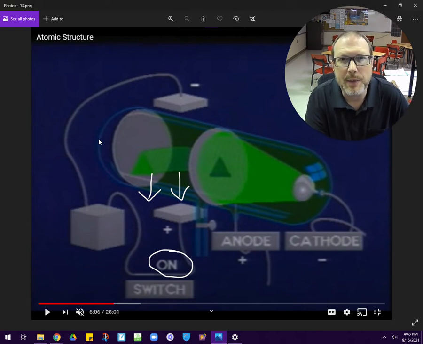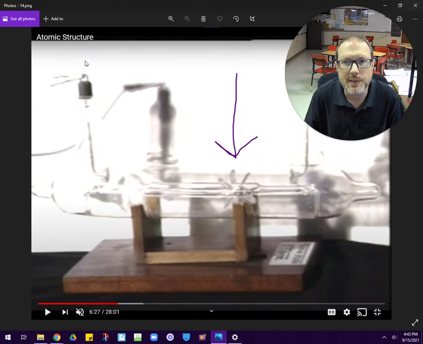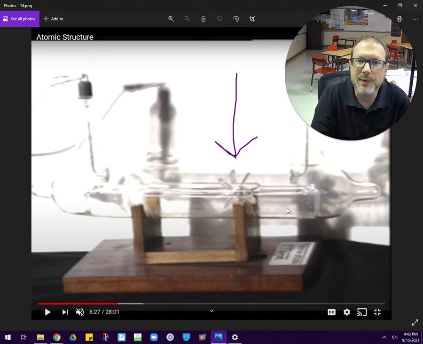They kept experimenting with these cathode rays, and one of the things they wanted to find out is, were these cathode rays pure energy or were they a particle of some kind? To test this out, and it's really clever, they built this little apparatus inside of the tube that had a little glass paddle wheel on it.